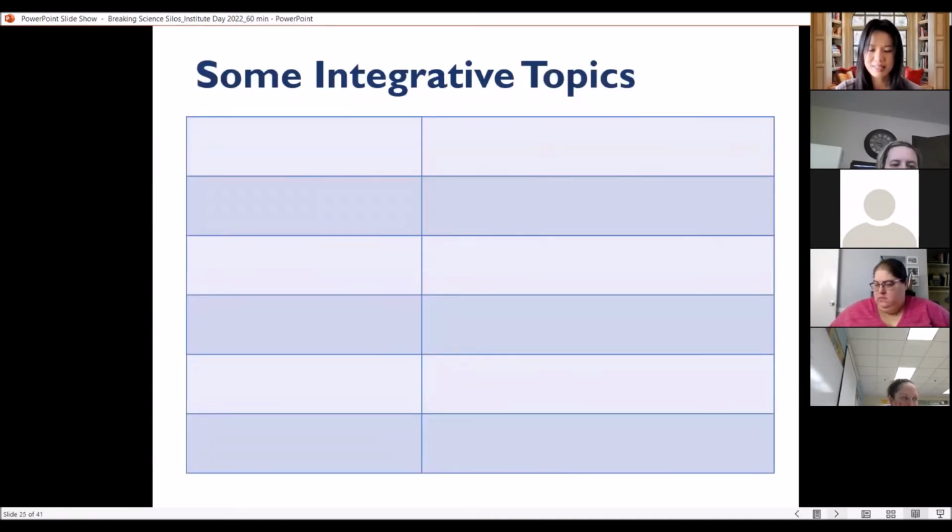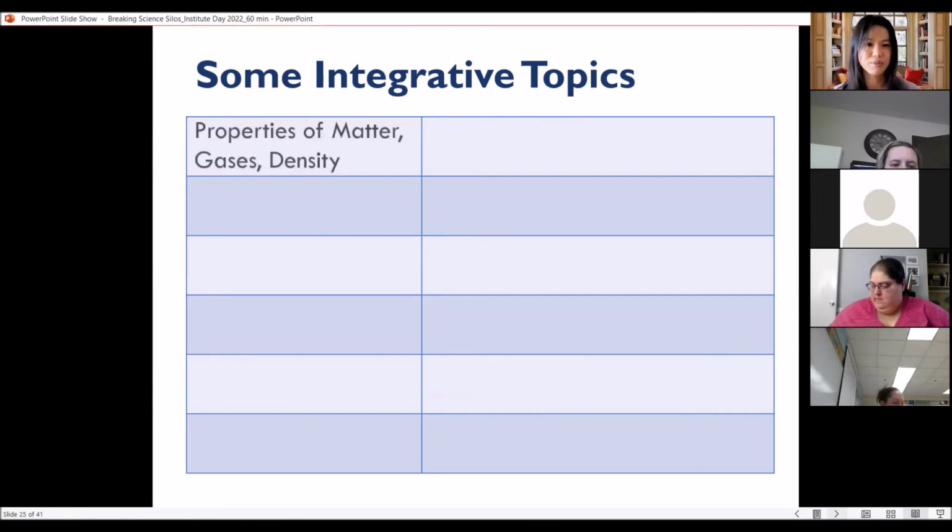So first, I'm going to list some common science topics and some real world applications that you could use to explore either as an example, the first tier, as a full lesson, or maybe even a series of lessons around that topic. This is not an exhaustive list, just some ideas and then examples that I will show you.